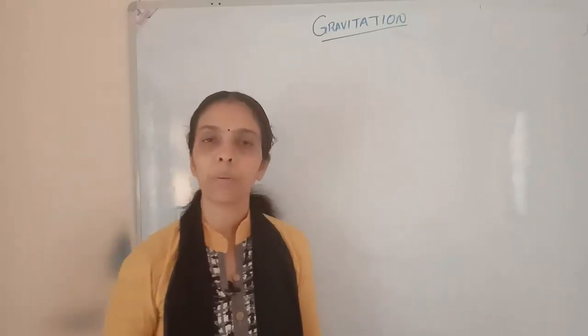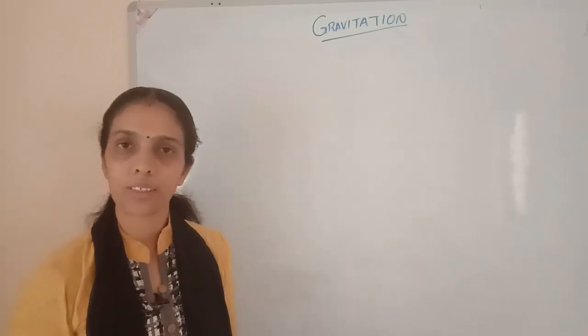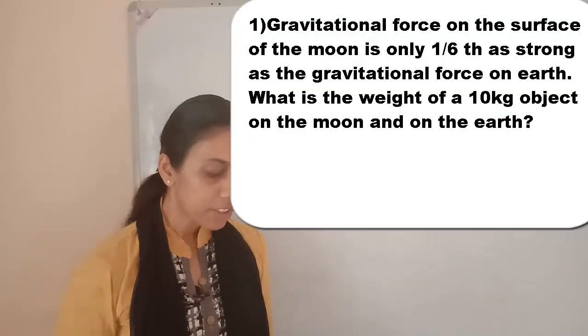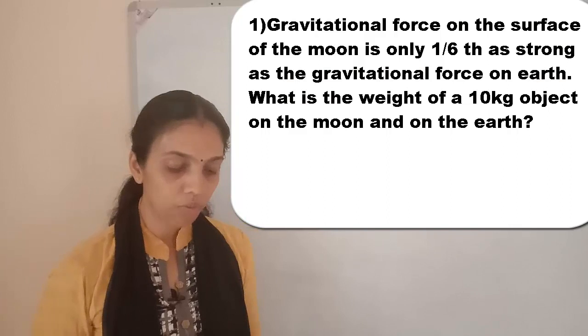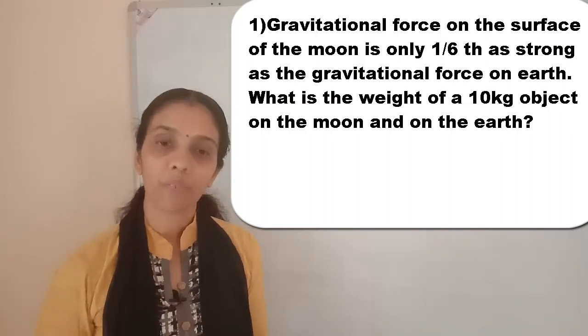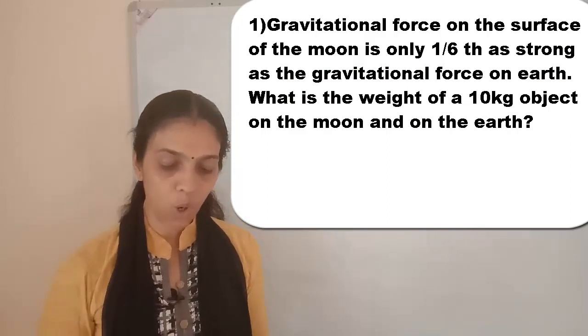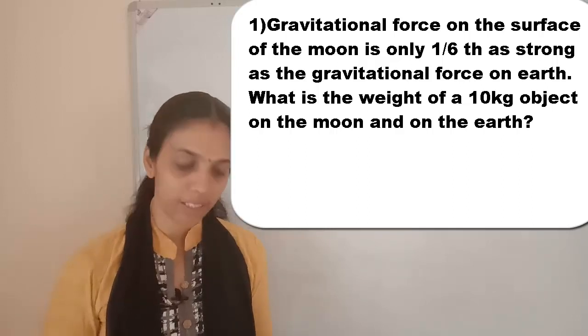Okay, so today we will do some of the numericals based on this chapter. Gravitational force on the surface of the moon is only 1/6 as strong as the gravitational force on the earth.